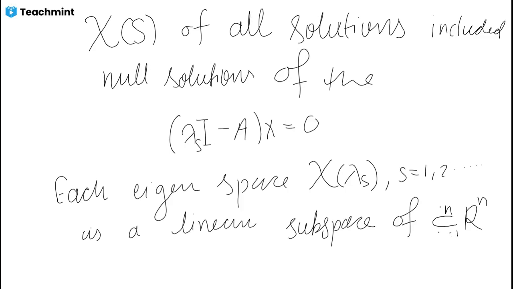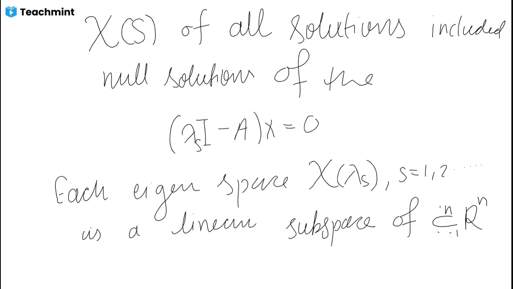It follows from the above definition. Lambda belongs to R means real values of lambda, and chi lambda is a subset of Rn.